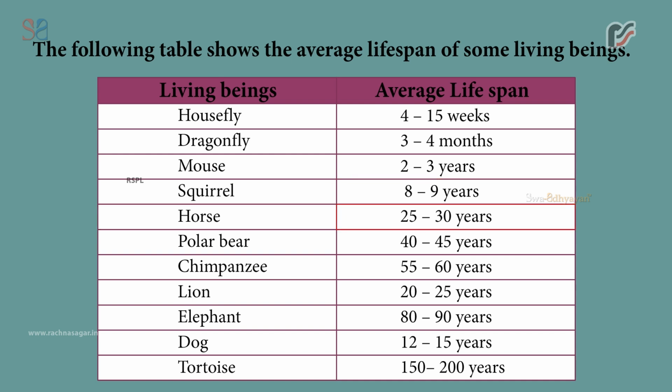Horse, 25 to 30 years. Polar bear, 40 to 45 years. Chimpanzee, 55 to 60 years. Lion, 20 to 25 years. Elephant, 80 to 90 years. Dog, 12 to 15 years. Tortoise, 150 to 200 years.